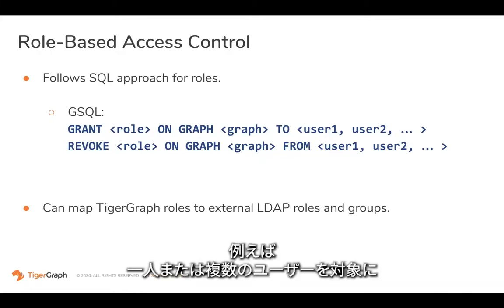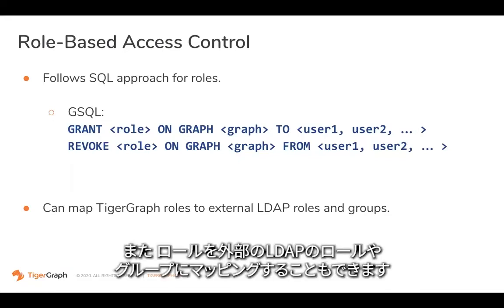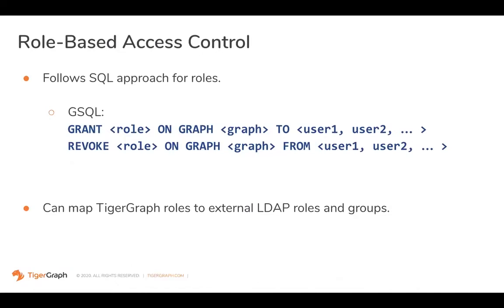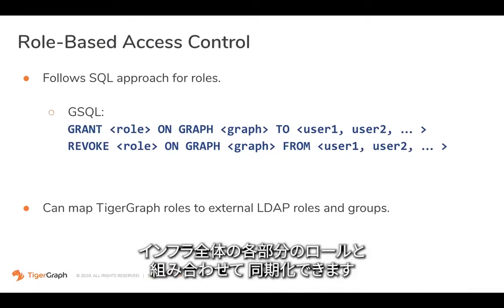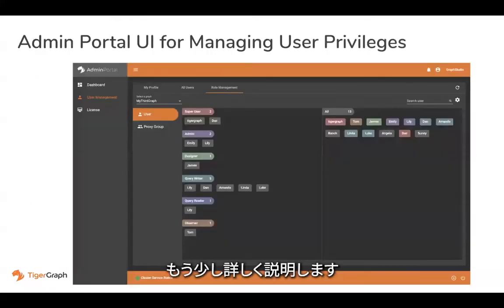You can grant or revoke a role or privilege on a graph instead of a table, to one or more users. And you can also map those roles to external LDAP roles and groups. So you can combine the roles you have with TigerGraph and sync them with the roles on other parts of your larger infrastructure. So I'm going to go now into a little bit more depth.